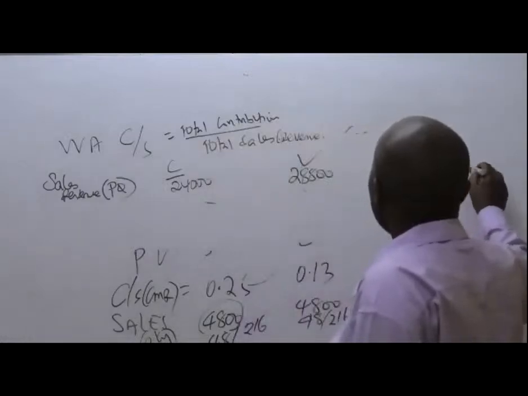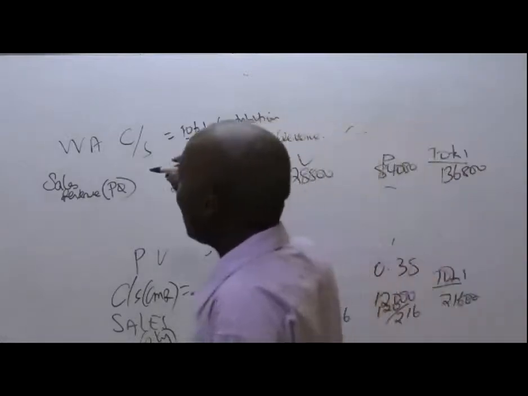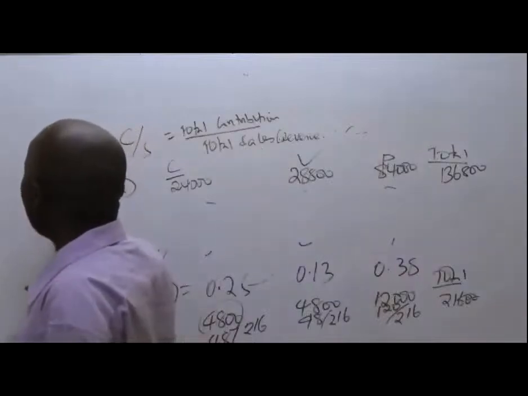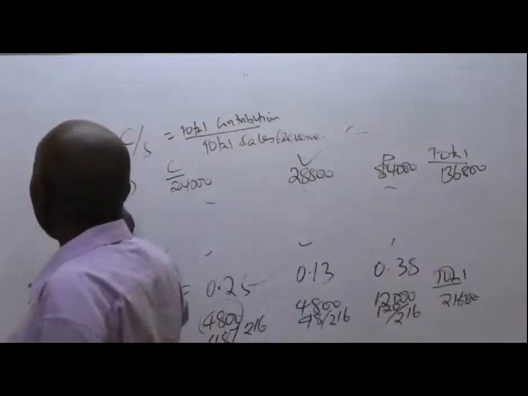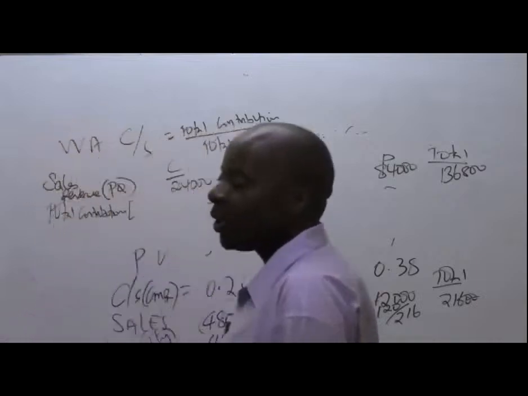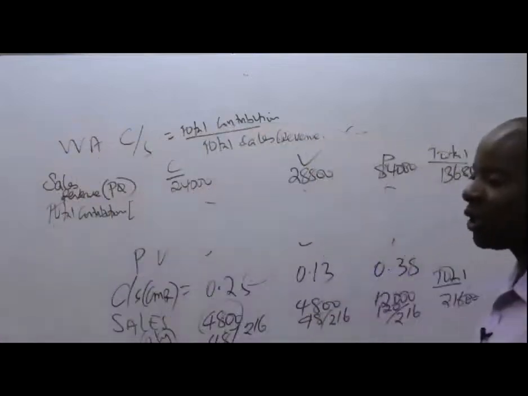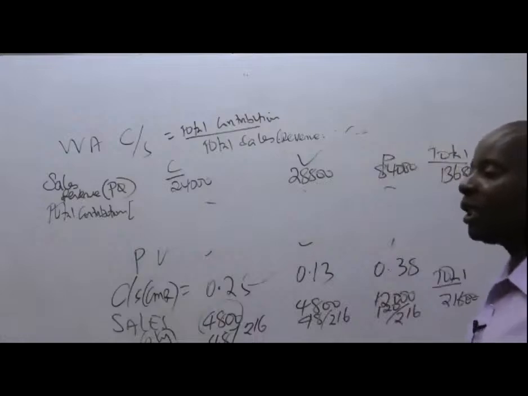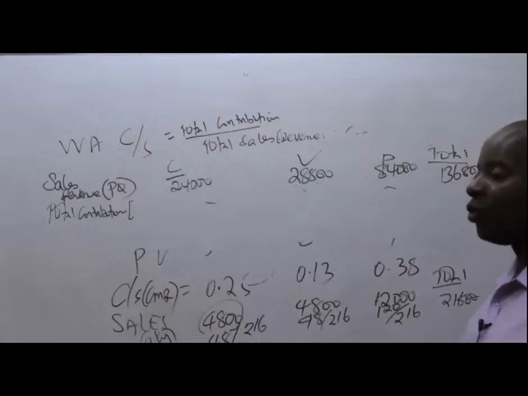136,800. Now, the other thing that I would want you to do very fast for me is the total contributions. What do you think shall we do for us to be able to get the total contribution?